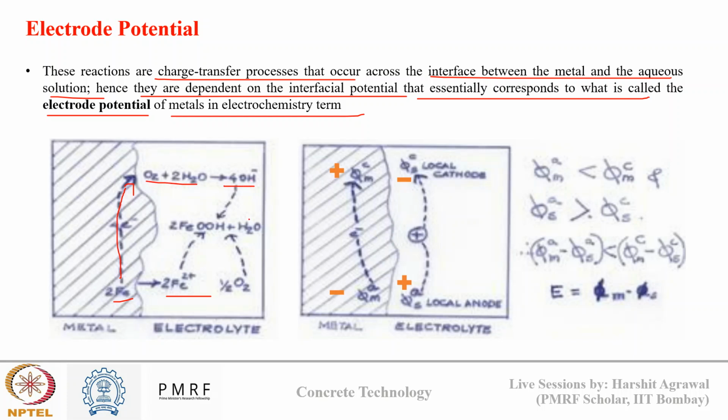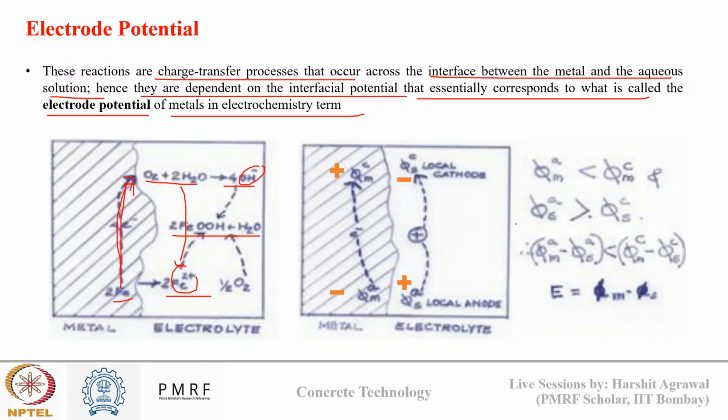Now, in the environment where there are both OH- ions and Fe2+ ions, they will react to form what is known as rust. So inside the metal, electron movement is happening, and outside the metal, charge movement is happening. For this movement to occur, there should be some potential difference. Then only charged species can move from one point to another.